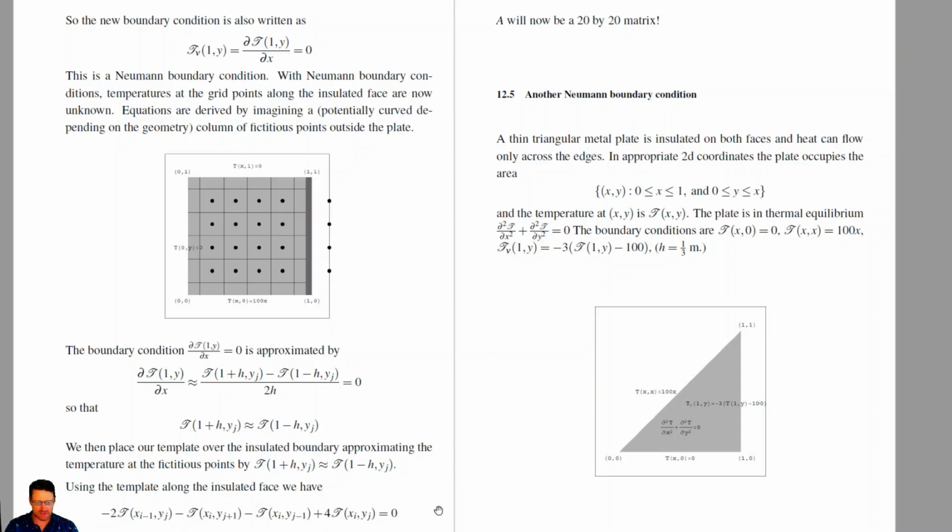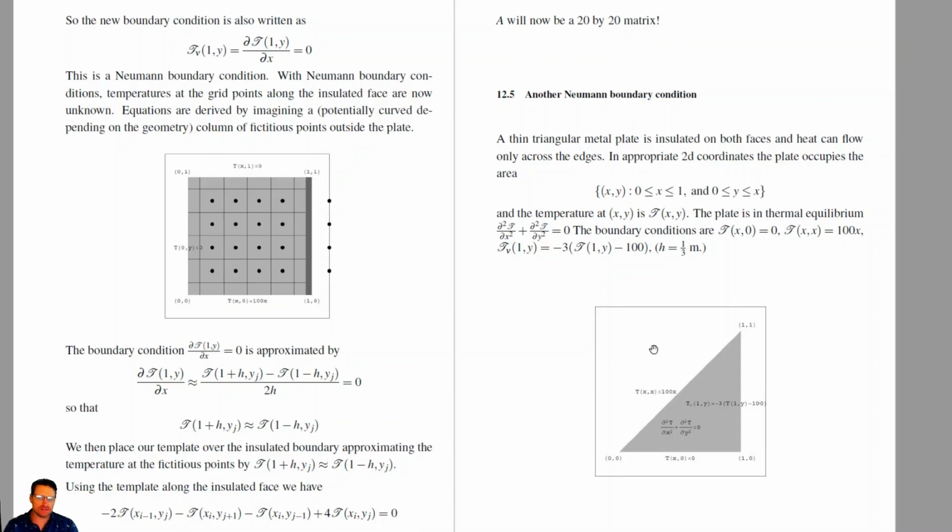So I would encourage you to set up a problem like this, or just take this one right here and apply your grid to that and use this approximation here, right, which is the Neumann boundary condition, and verify that you actually get this equation.